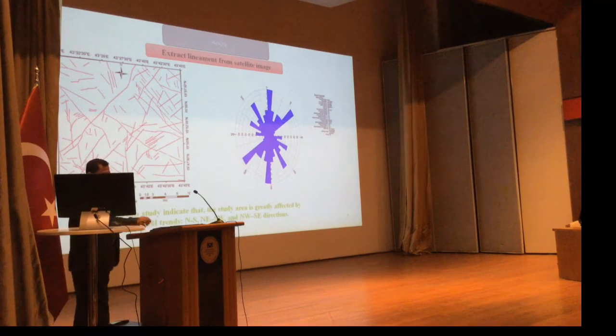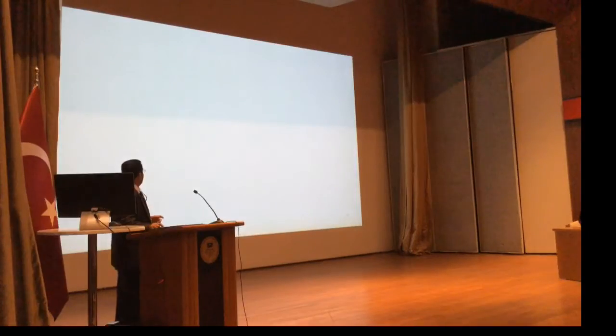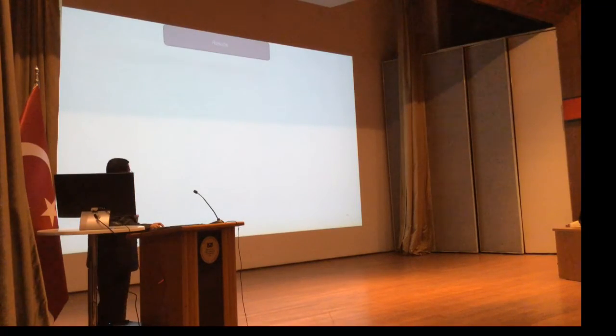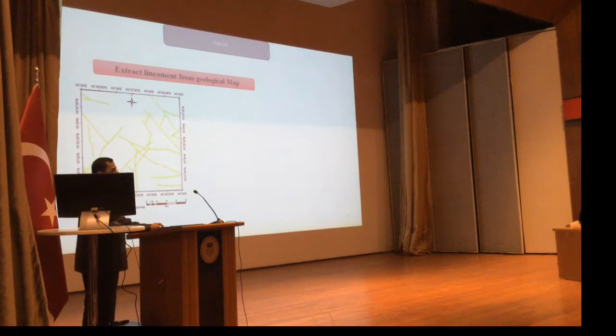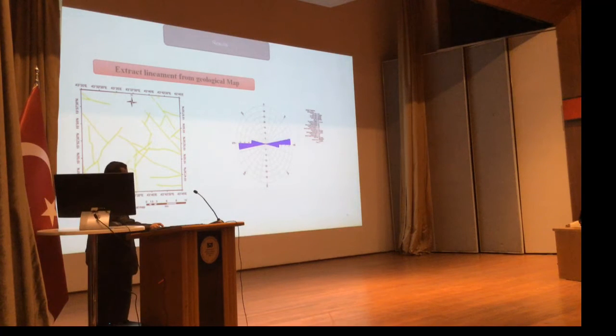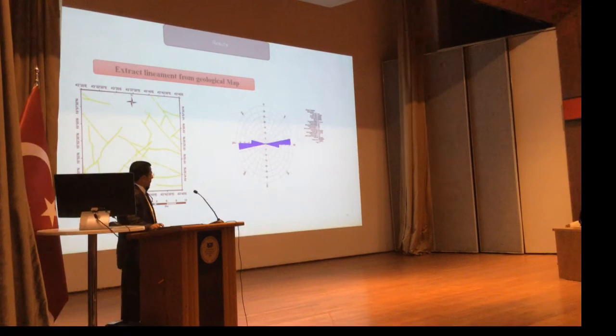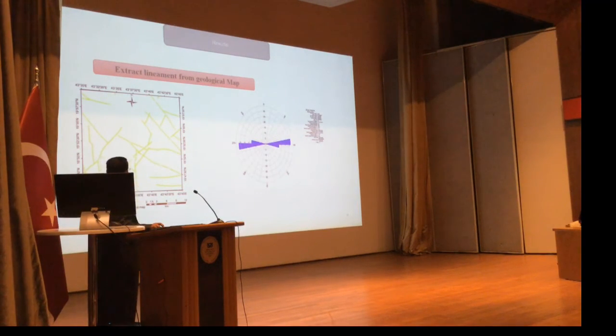This is what we did in my work, and this extracts the lineament from the geological map we found before. From these lines we extract, the direction of this line is west. And now we can make a comparison between my work and this.